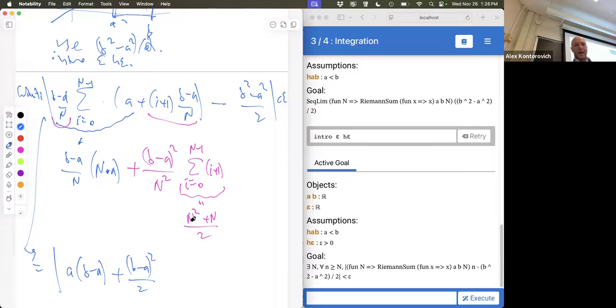And then what's left over is an n squared plus n over n squared, which is a 1 plus 1 over n, if I'm not mistaken. That whole thing, we need to subtract off b squared minus a squared over 2. You agree with that? So that we should get from algebra.